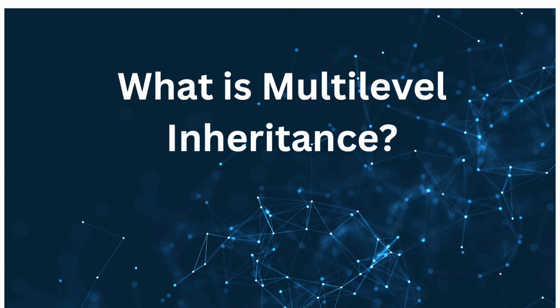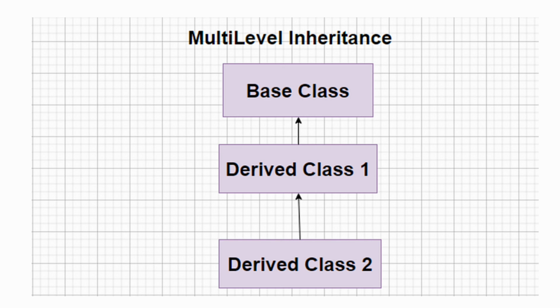What is multi-level inheritance? In multi-level inheritance, the base class is extended by derived class 1 and derived class 1 is extended by derived class 2. It's a chain of inheritance where multi-level inheritance happens, but this is not allowed in Java.